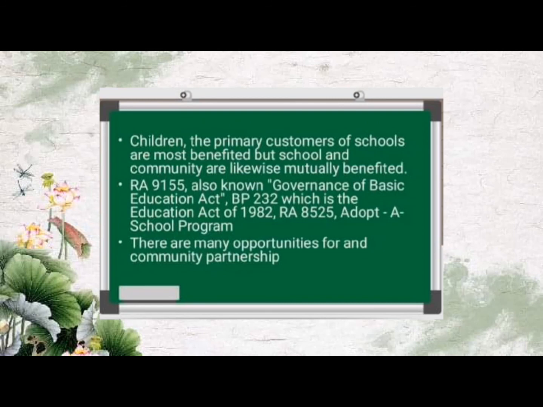There are many opportunities for school and community partnership. The Brigada Eskwela, which is now institutionalized in DepEd schools, is a glaring proof of school and community partnership. Schools, with all their human and material resources, can offer services also to the community in many ways.